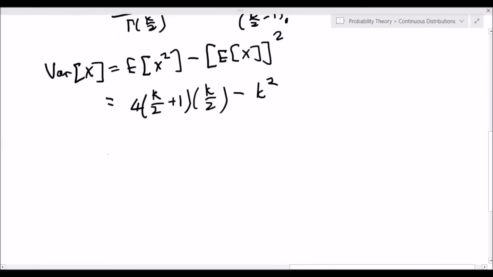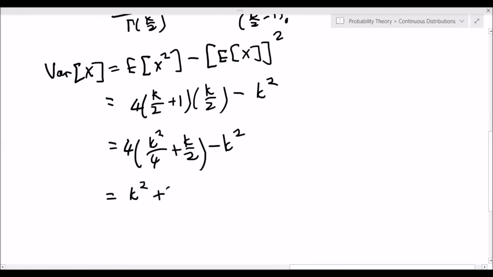And this evaluates to 4 times (k squared over 4 plus k/2) minus k squared, and this is equal to k squared plus 2k minus k squared, which is equal to 2k. So there you have it. We have derived the variance of the chi-squared distribution, and we found that it is equal to 2 times the degrees of freedom, 2k in this case.